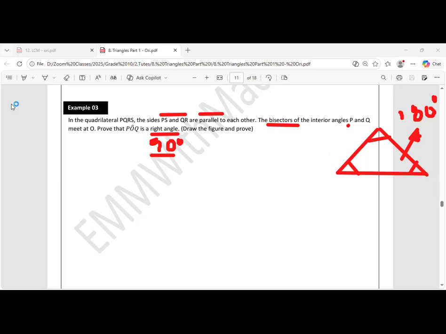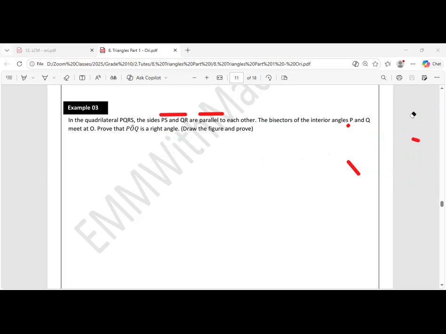So first of all, let's do this by drawing the figure. That figure should be very fair. When you say quadrilateral, that quadrilateral cannot be a parallelogram, because in a parallelogram all the four sides are not parallel.